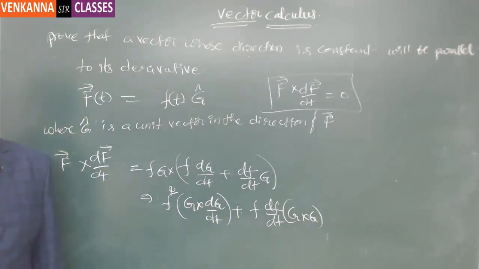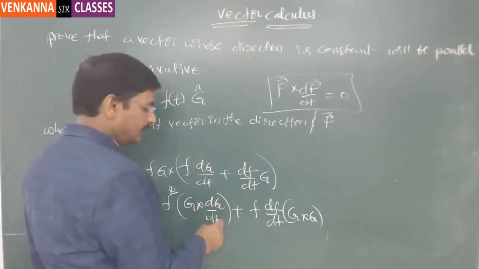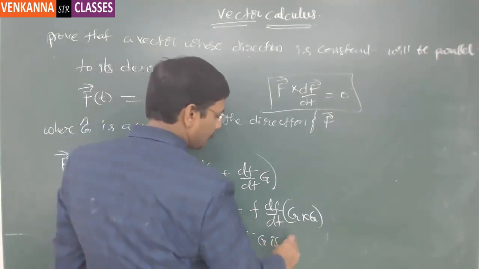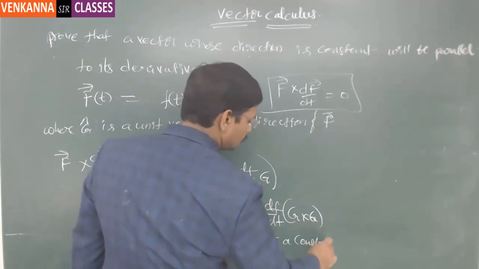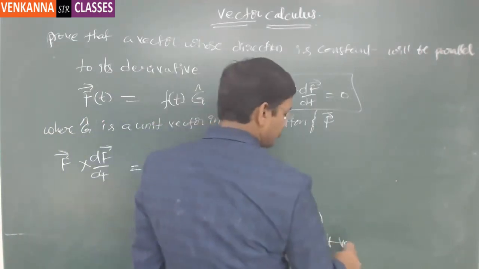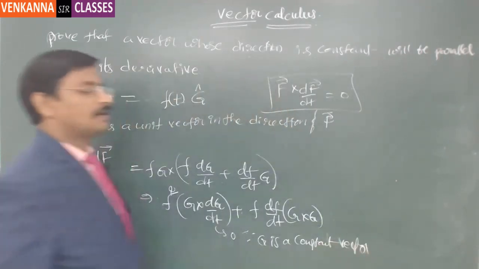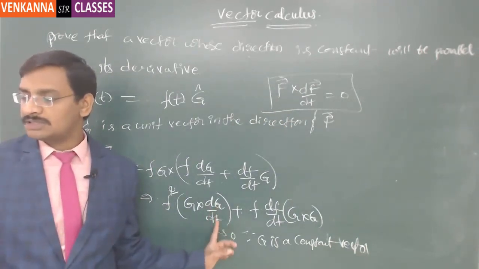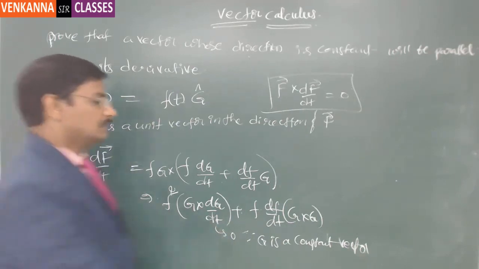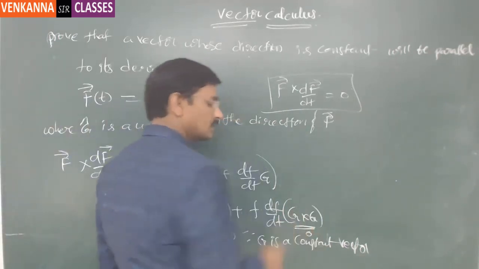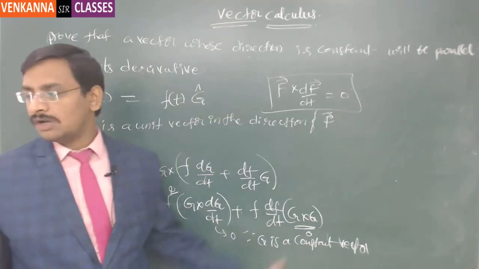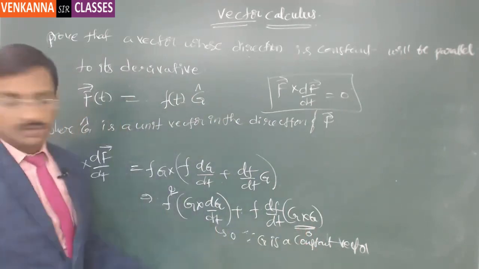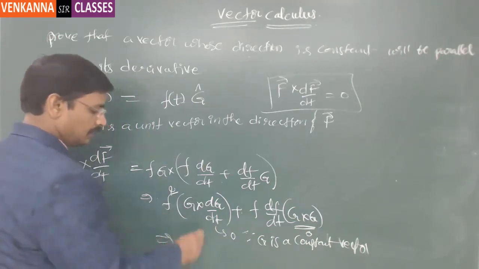Got it? Now dg by dt is equal to 0, since it's a constant direction, a constant vector. If it is a constant vector, then dg by dt comes out to be 0, because the derivative of a constant is 0. And then g cross g is equal to 0, because the cross product of parallel vectors is always 0. So this part is 0 and this part is 0, hence the right side is going to be 0.